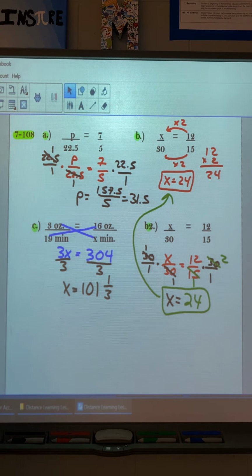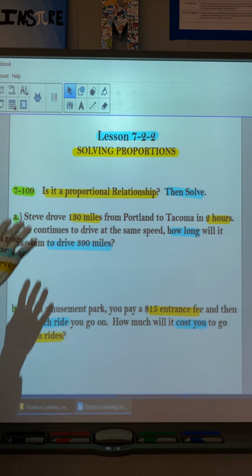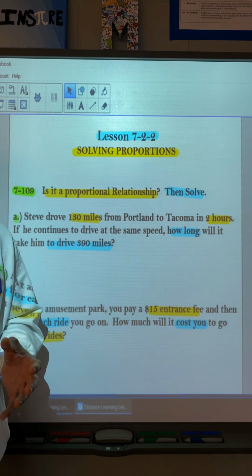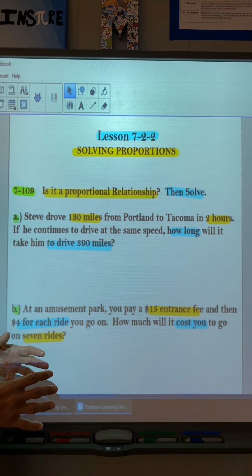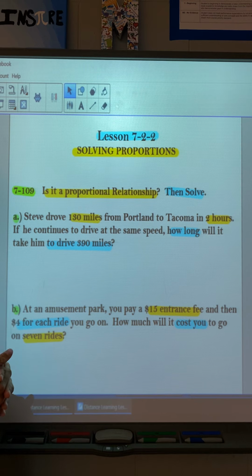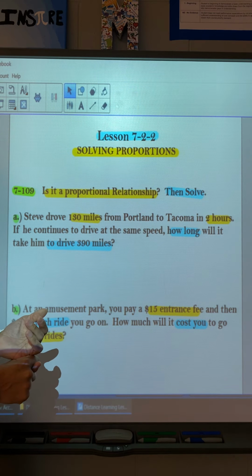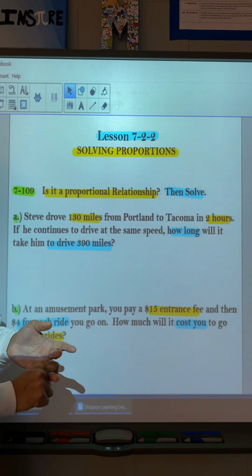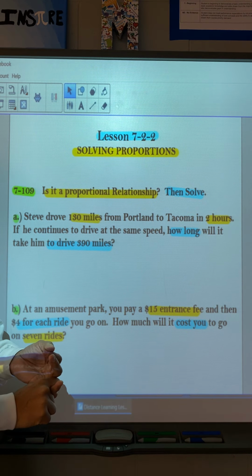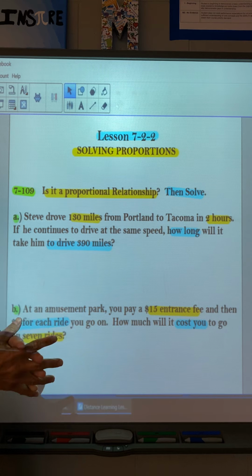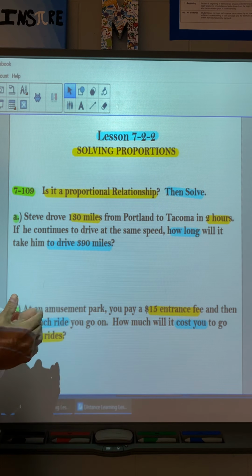Okay, last one. Solving proportional relationships. Remember when we spent a lot of time, and me beating this into your brain, of asking what makes something proportional? And you told me straight lines on a graph, a constant rate, and that it starts at 0, 0, the origin. In real life, you were telling me we've got to have a constant rate.